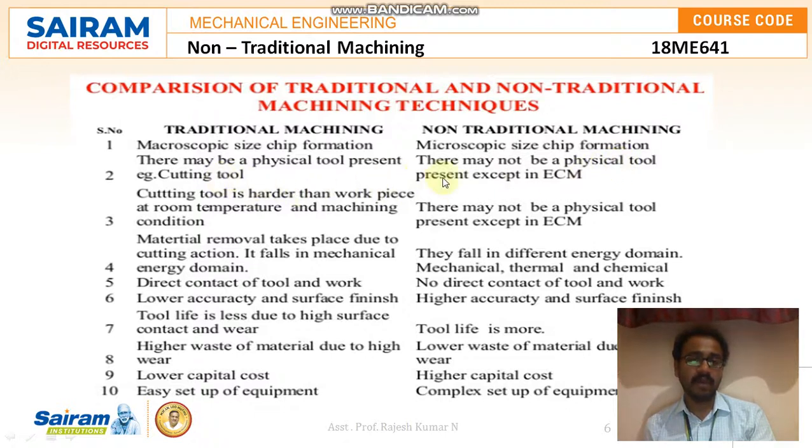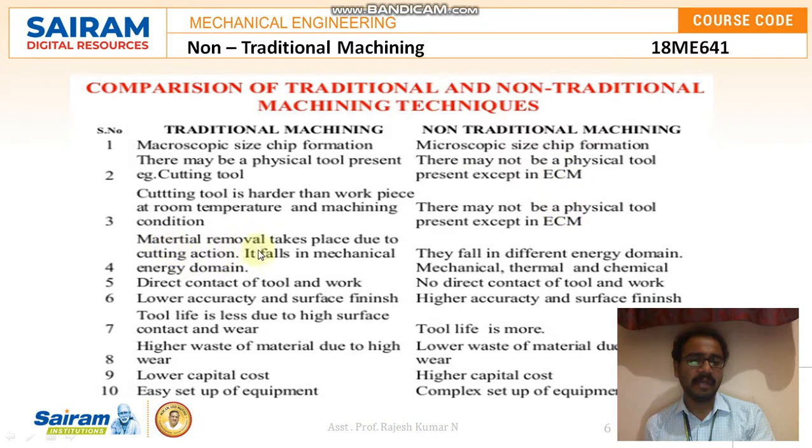Here there is a cutting tool, and there there is no such thing. The cutting tool usually should be harder than the workpiece at room temperature and machining condition. But here there need not be any physical tool present, except in one process that we call the electrochemical machining process. That is the only exception.